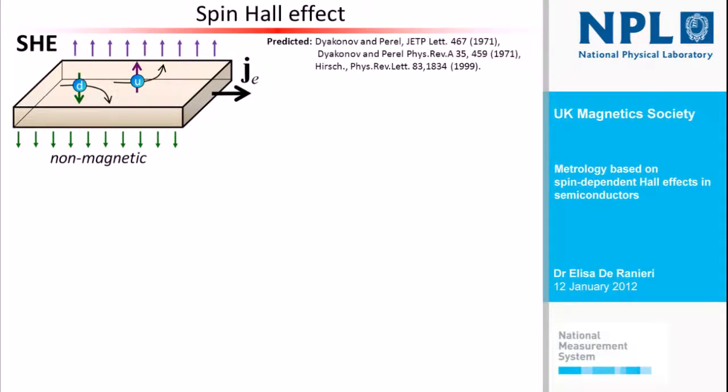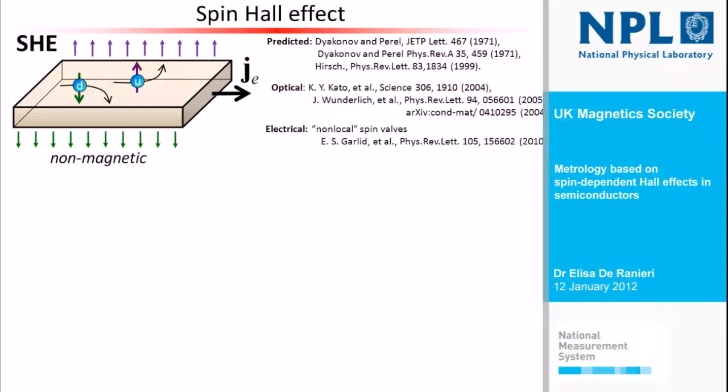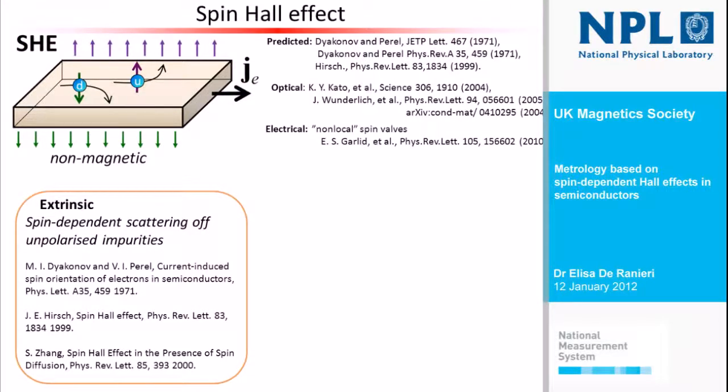And this was predicted more than 40 years ago by Dyakonov and Perel, and more recently a number of theoretical works came up that sparked new interest in this topic, until eventually the effect was experimentally observed optically and electrically. And as I said, when it was initially proposed, this effect was explained in terms of Mott scattering of unpolarized carriers off impurities, so it was something to do with an extrinsic origin.